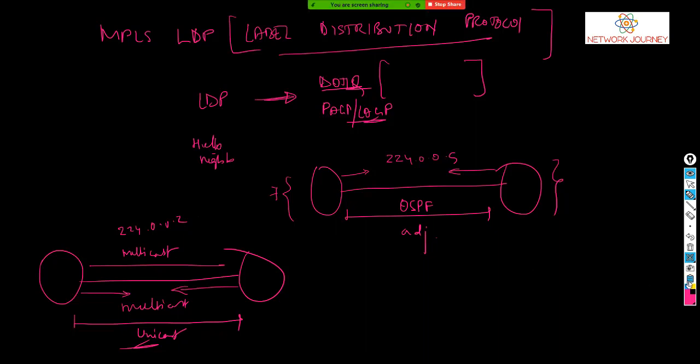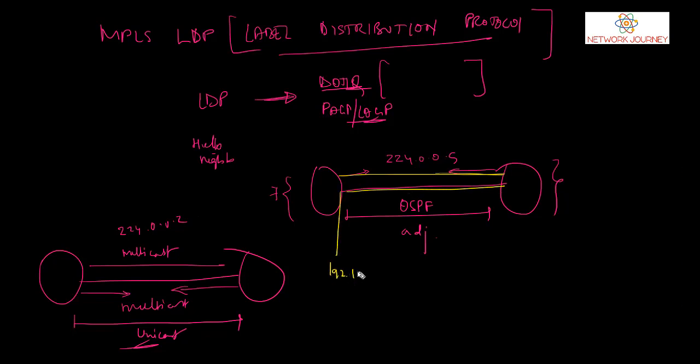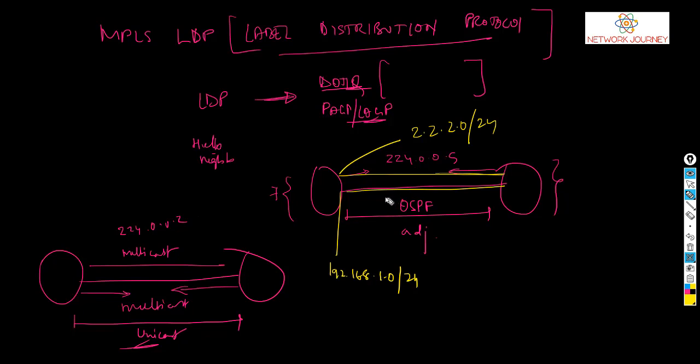Yes, there is one more difference in the case of these two. Let's say in the case of OSPF, if I put one more link here, let's say this is 192.168.1.0 series, and this is 2.2.2.0/24. Now if I go to the router process on both routers and advertise both networks, they both form neighborship.